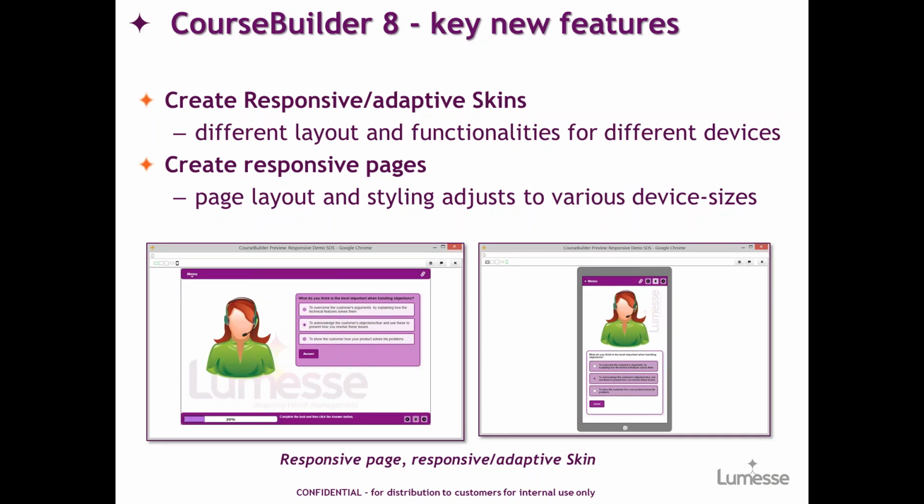An example is shown below, where you can see the layout and also some functionalities in the skin are different on the desktop and on the phone. You can of course create responsive pages where page layout and styling automatically adjust to the various device sizes that your user has when going through the content.